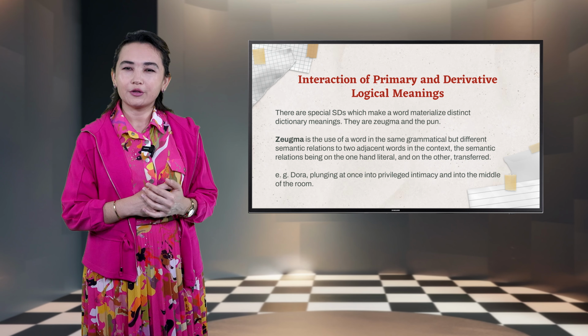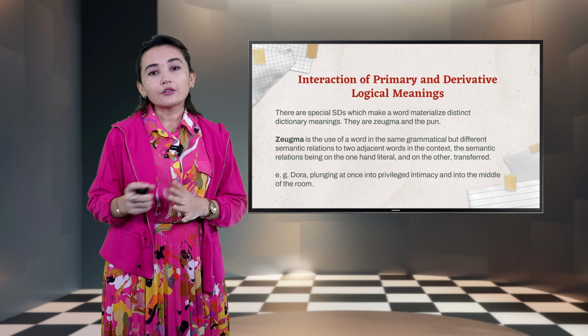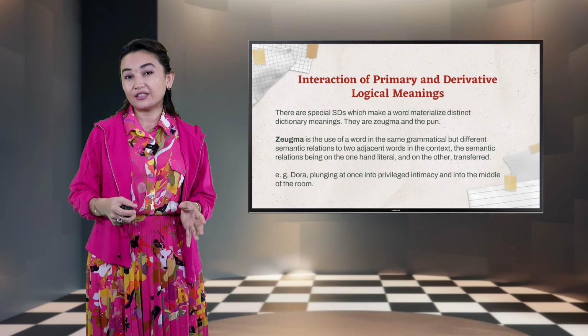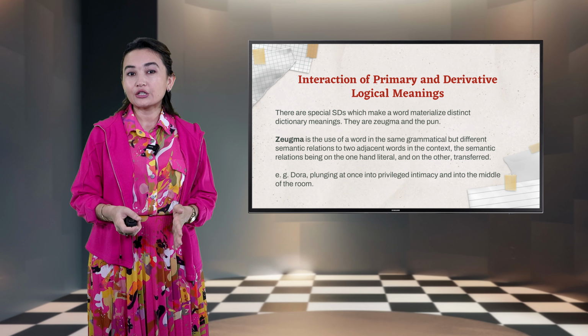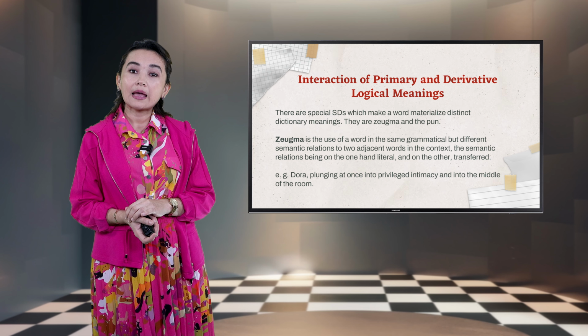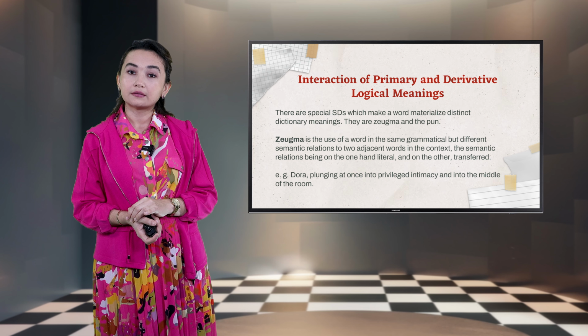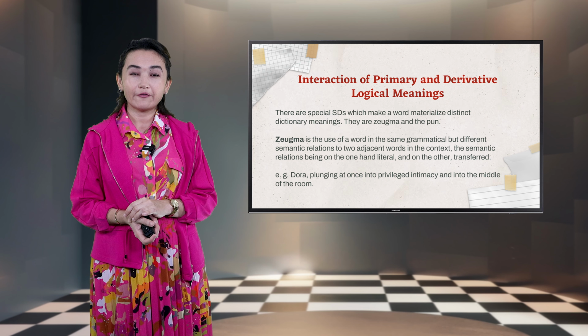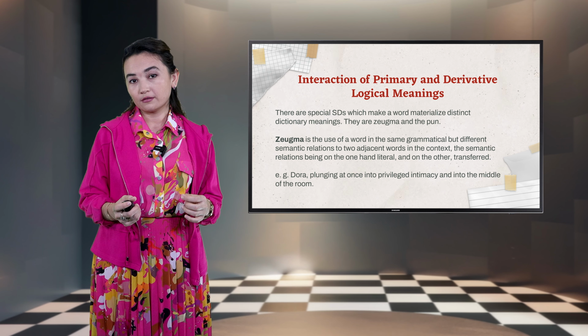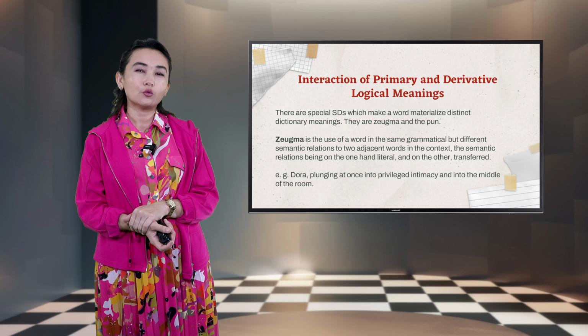So, there are special stylistic devices which make a word materialize distinct dictionary meanings. They are zeugma and the pun. So, have you heard of these terms or words? What is zeugma and what is pun?